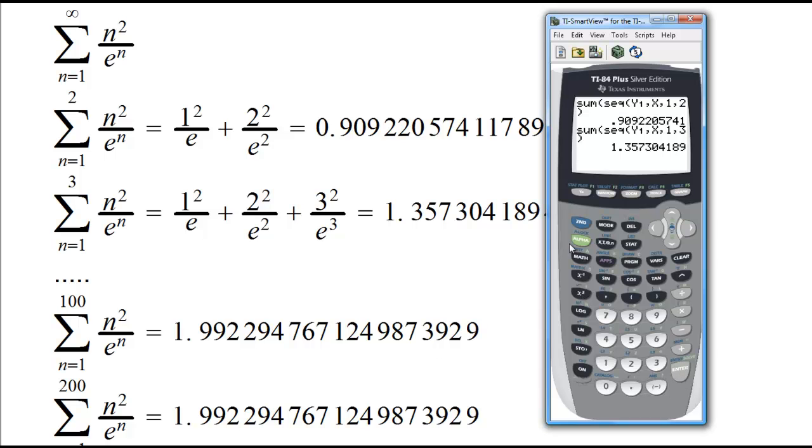And if I have to get to 100, I'll just do second enter again and put 100 in here, and there you go. Yeah, it's the same value again.